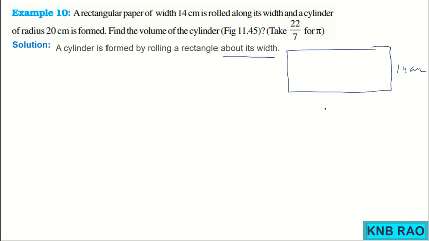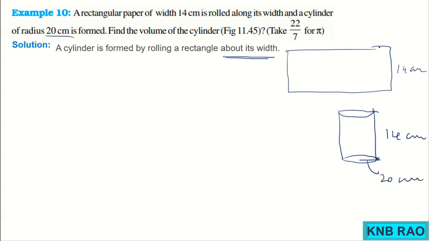What is the radius of the cylinder? Radius of the cylinder thus formed, and you know height is 14 centimeter because you are rolling about its width, you are rotating this way. Radius of the cylinder is given as 20 centimeter.